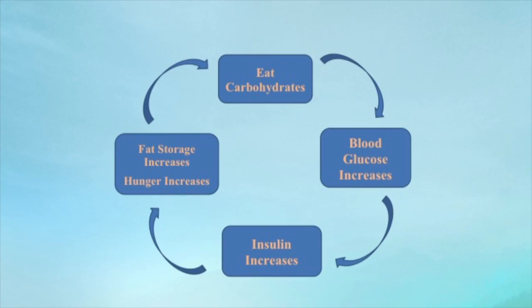This is a cycle that happens, and this is why it's not the patient's fault that they become obese. They've been told that a healthy diet is 45 to 65% carbohydrate. They're caught in this cycle. Not everybody is intolerant to carbohydrates. We know lots of vegetarians that have a very high carbohydrate content to their diet and do not become obese.